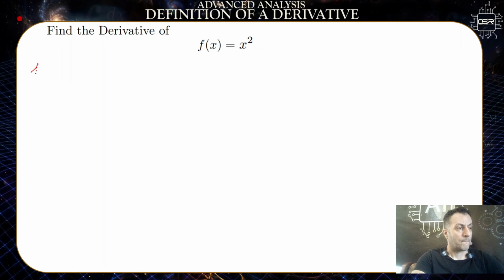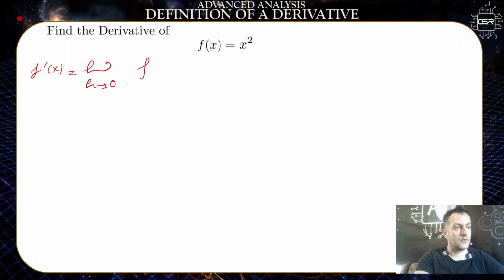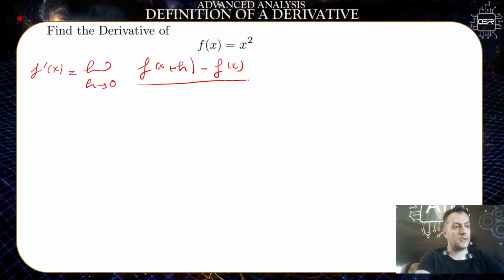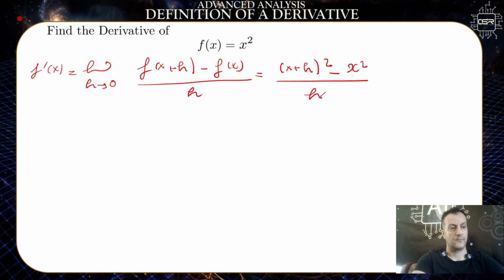So f prime of x is equal to the limit as h approaches 0 of f of x plus h minus f of x divided by h, equal to, you replace x with x plus h here, squared, because x is squared, minus f of x, which is x squared, divided by h. Always remember that it is the limit as h approaches 0. But so as not to repeat ourselves, we will solve it and finally place the limit.